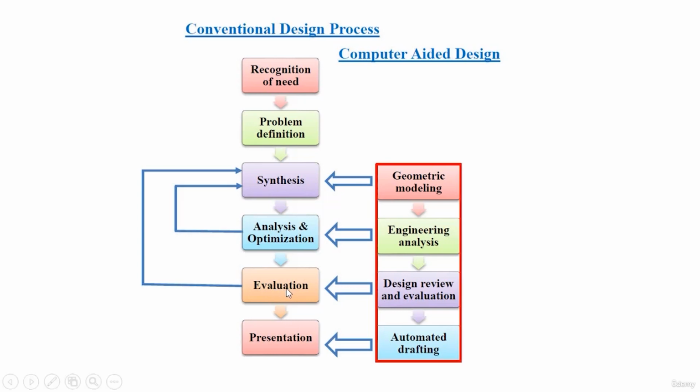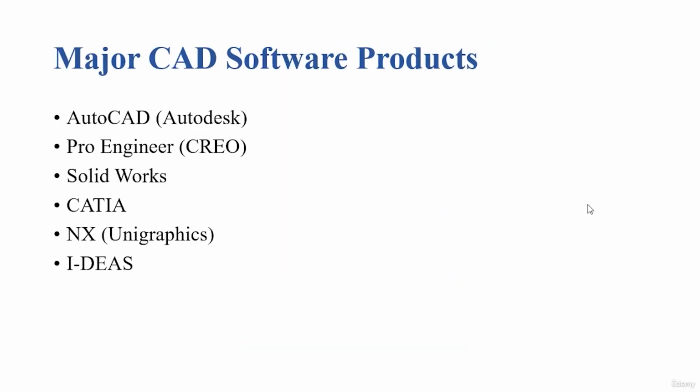Then we can also do evaluation by analyzing the 3D product, and we can create automated drafting in the software by using already created 3D parts. Currently in industry there are various software. Some of them I have written here: AutoCAD, Pro Engineer, SolidWorks, CATIA, NX, I-DEAS. These are the various CAD software.